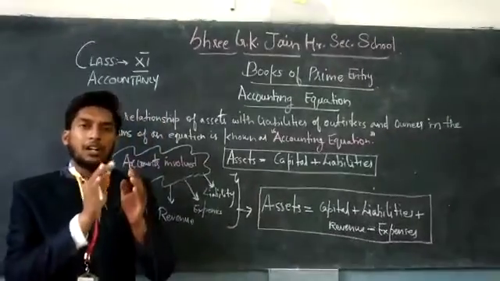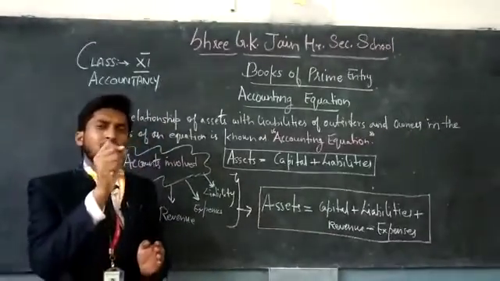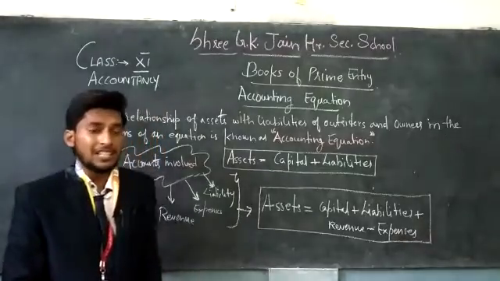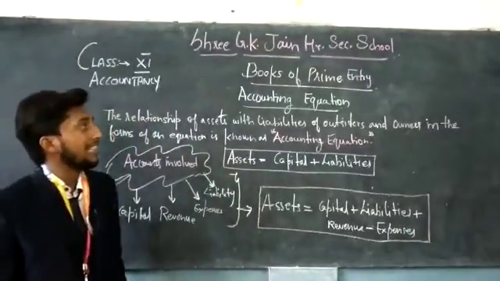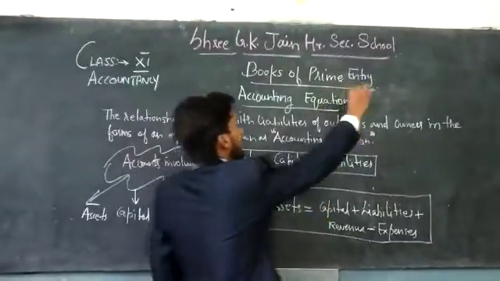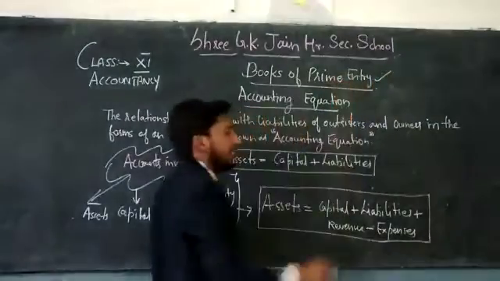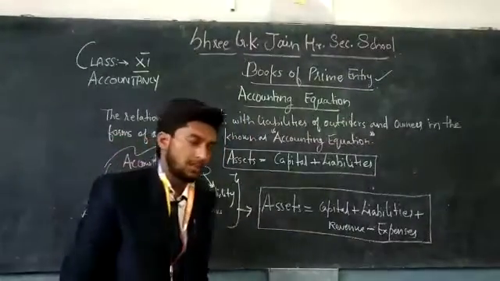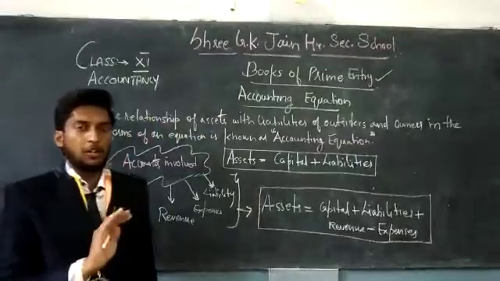When we start our accounting, what do we do first? That is what this chapter deals with. That's the reason we have given the chapter the name Books of Original Entry: the first entry that we do in our accounting. This chapter is all about that.